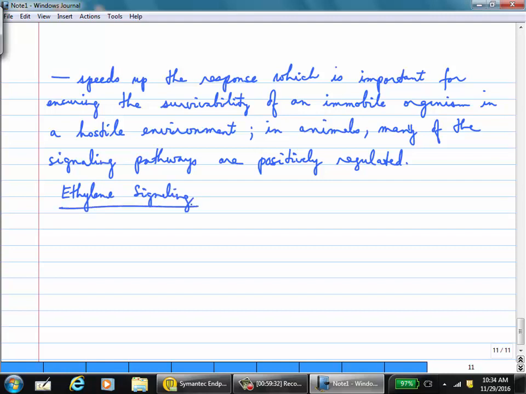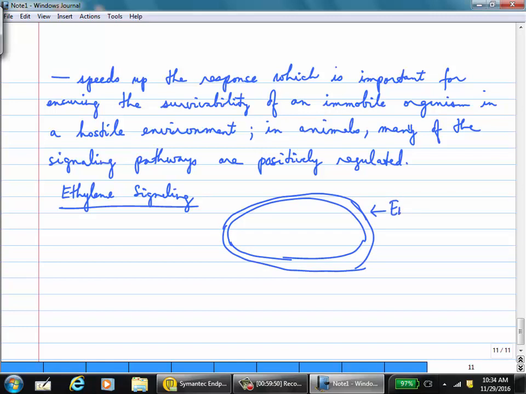So let's say that the ethylene gas has been produced in response to some external conditions. Ethylene gas has been produced in the endoplasmic reticulum. And on the membrane of this endoplasmic reticulum, there are ethylene receptors that are located.